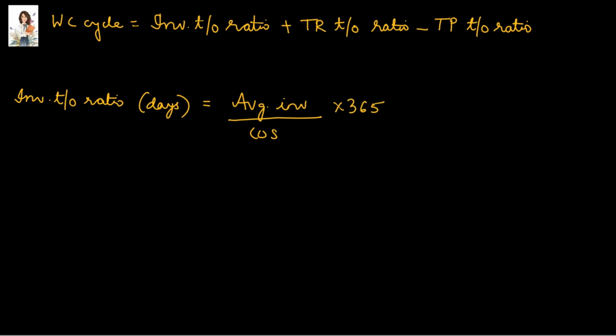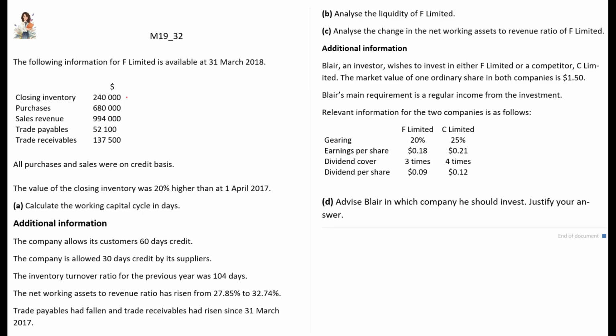But we don't know the cost of sales, so we will have to prepare working note 1. So working note 1, cost of sales is equal to opening inventory plus purchases less closing inventory. We know the figure for closing inventory and the purchases, but we don't know the figure for opening inventory. What we do know is that closing inventory is 20% higher than opening inventory. So we will find out opening inventory.